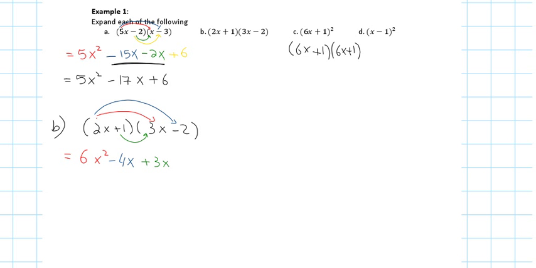And then 1 times negative 2 is negative 2. So I'm going to end up with 6x squared minus 4x plus 3x is negative 1x minus 2.